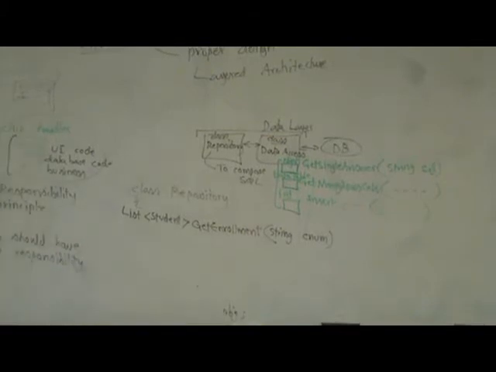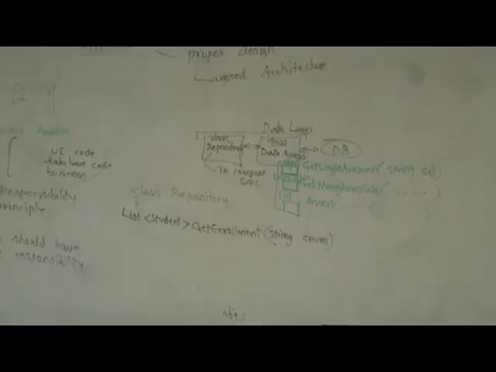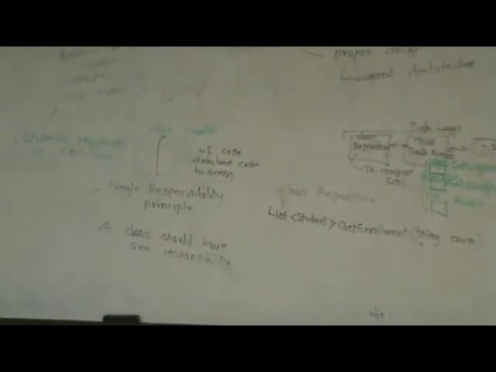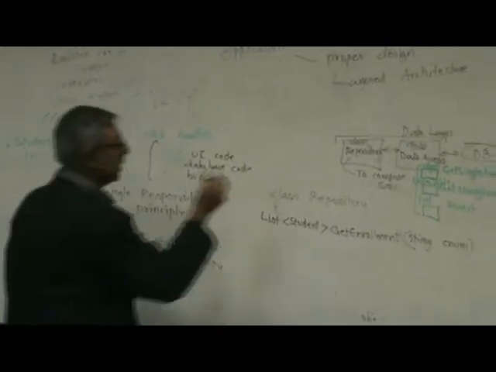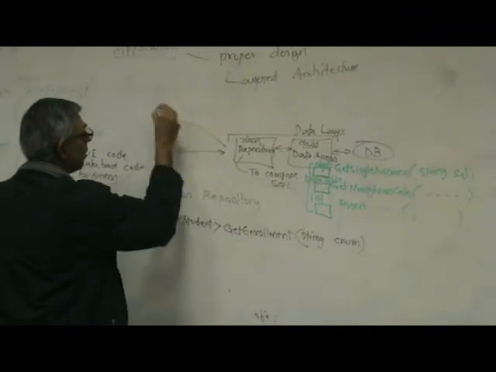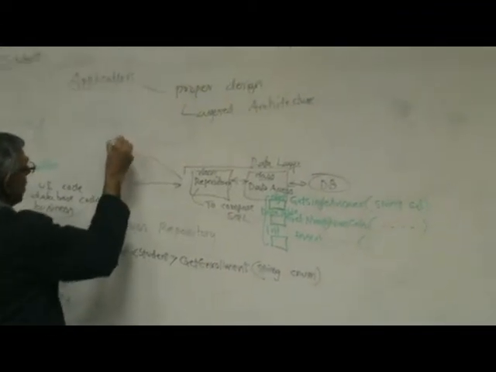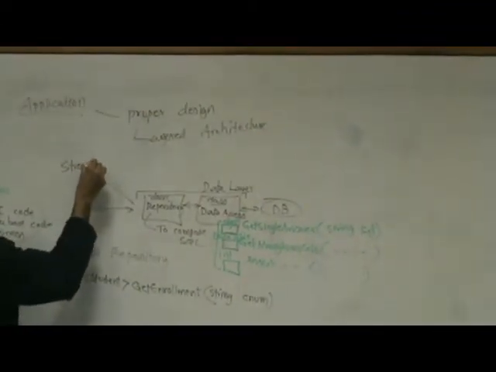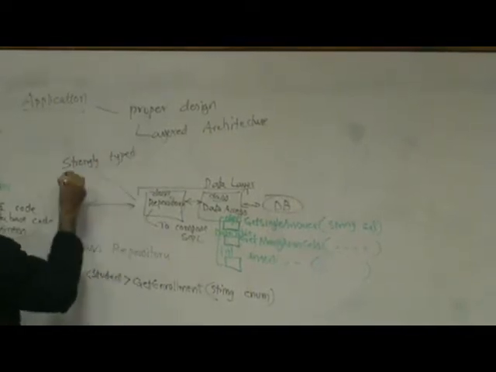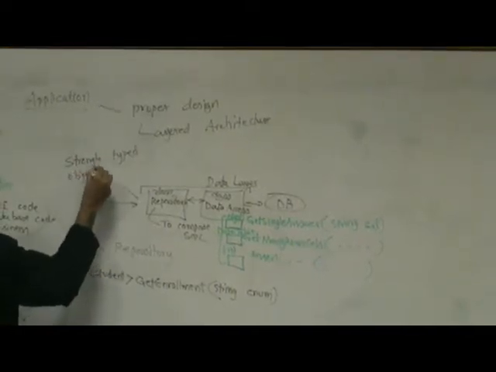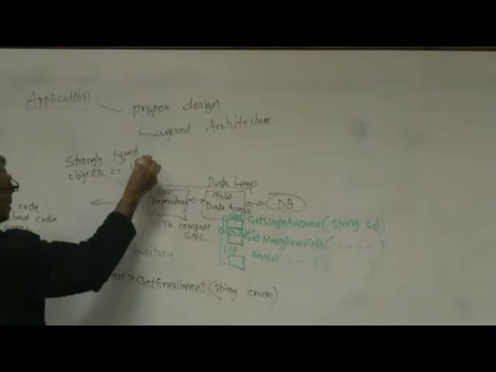Everybody agrees? Okay, so rather than returning an array list or a data table from a repository, we always return strongly typed data. It will never be from the repository onwards. Here these will always be strongly typed objects or lists.